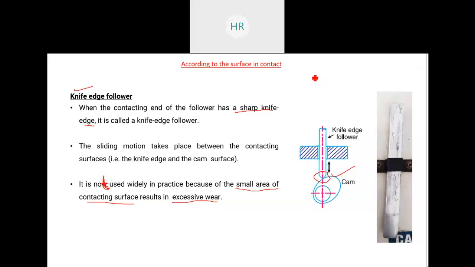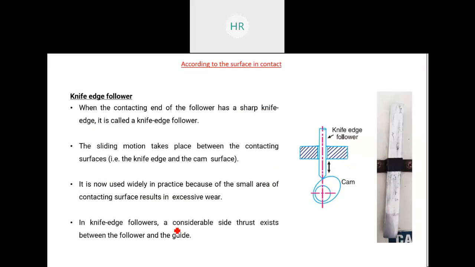The sharp edge will completely deteriorate the surface of the follower, and the wear rate will be fast. So that is why it is not used widely. In knife edge followers, a considerable side thrust exists between the follower and the guide. Here also the side thrust will be present between this guide and follower.